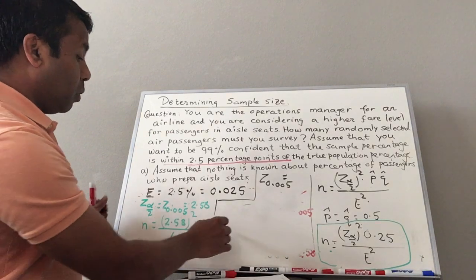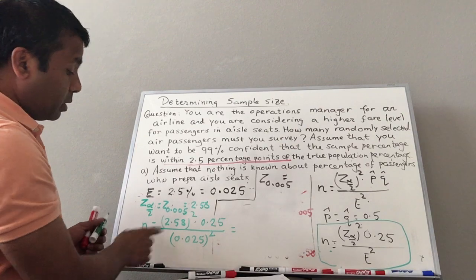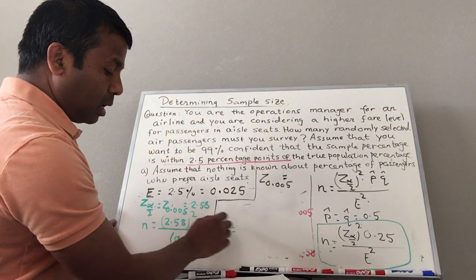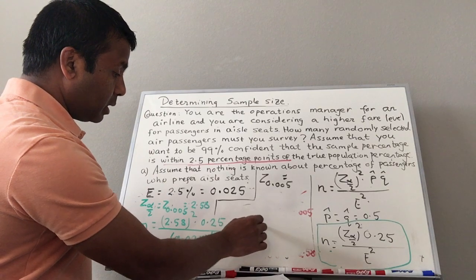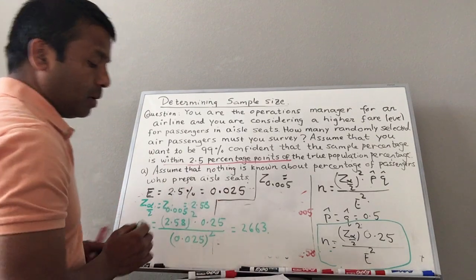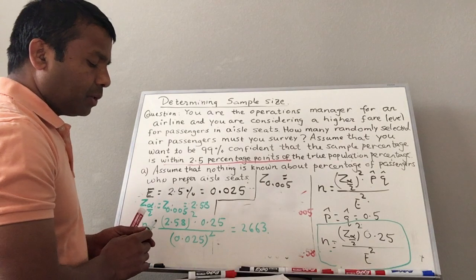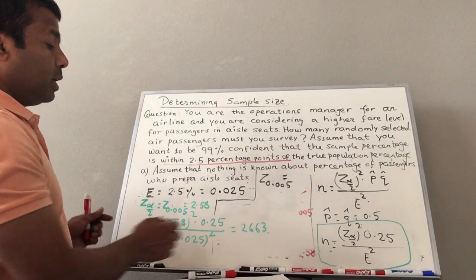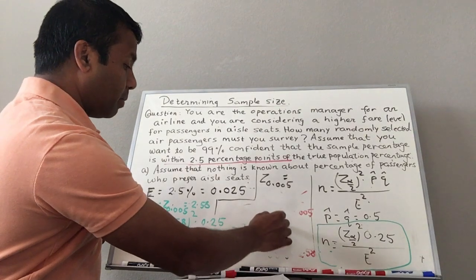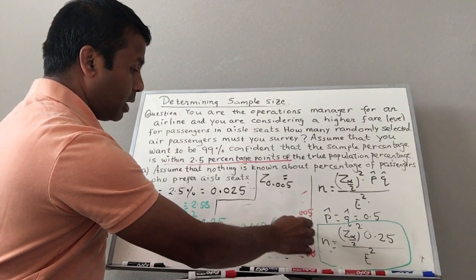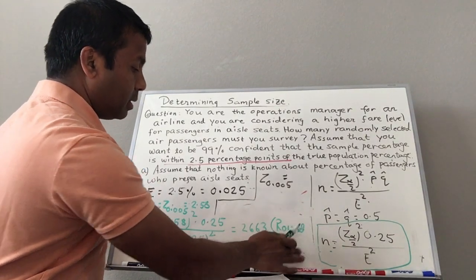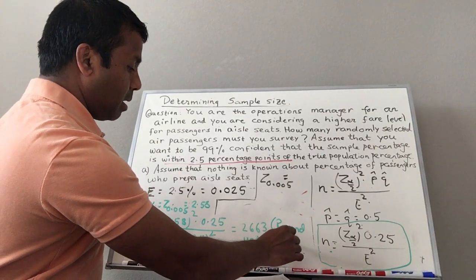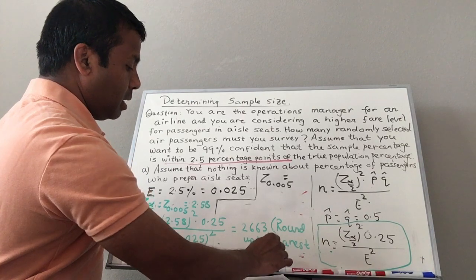And then when you use the calculator to compute the value here, you will end up with 2663. Okay, so I round up to the nearest integer.